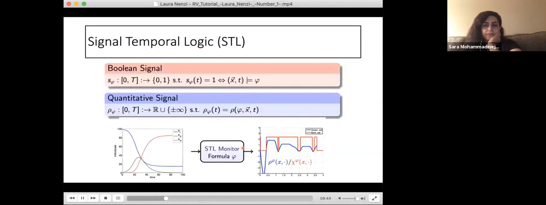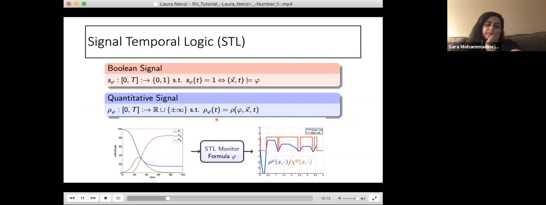Signal temporal logic has two semantics: a Boolean semantics that gives just a 0-1 answer, so it tells just if a trajectory satisfies or not a property, and also a quantitative semantics that can give a value of the satisfaction. Furthermore, the evaluation is done at each time step.